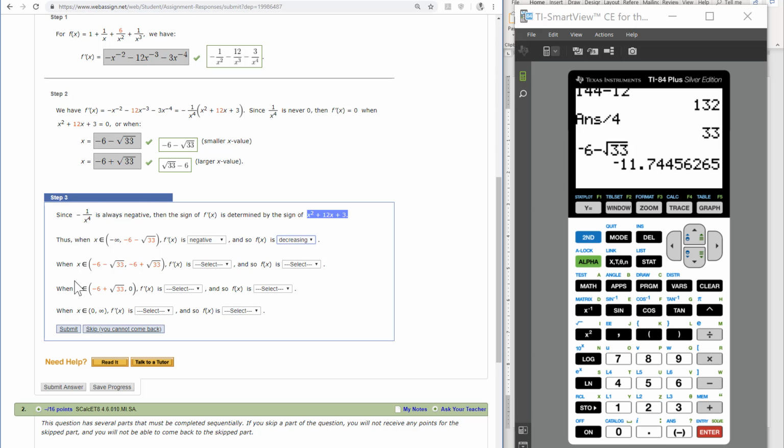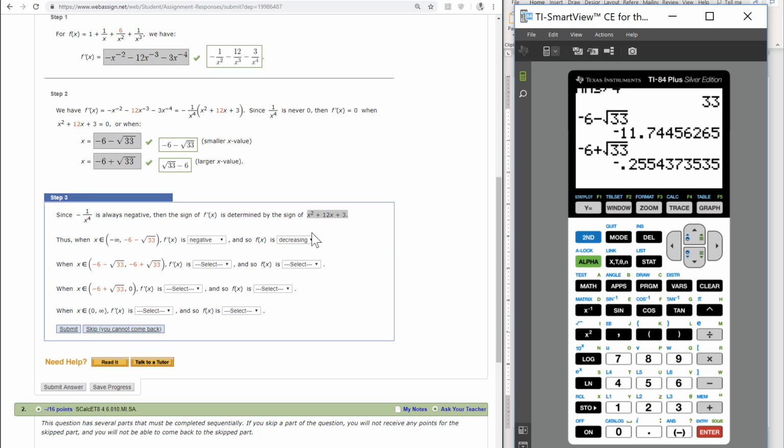Now we need to pick another number between like -6 minus root 33, so this is about negative 11, and if we have negative 6 plus root 33, we get a number like negative 2.55.